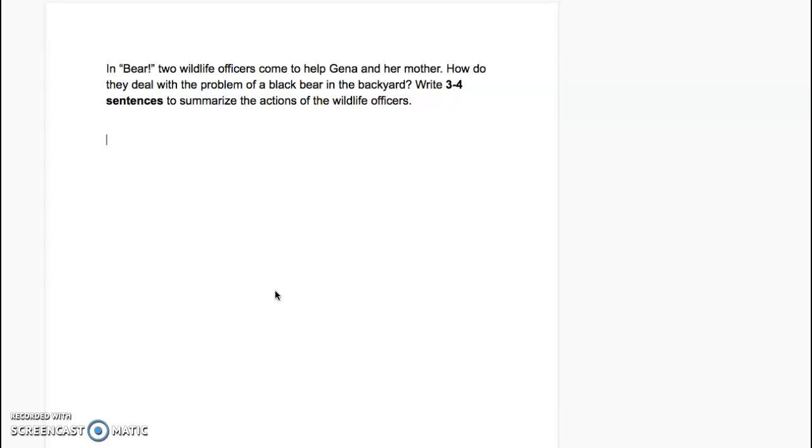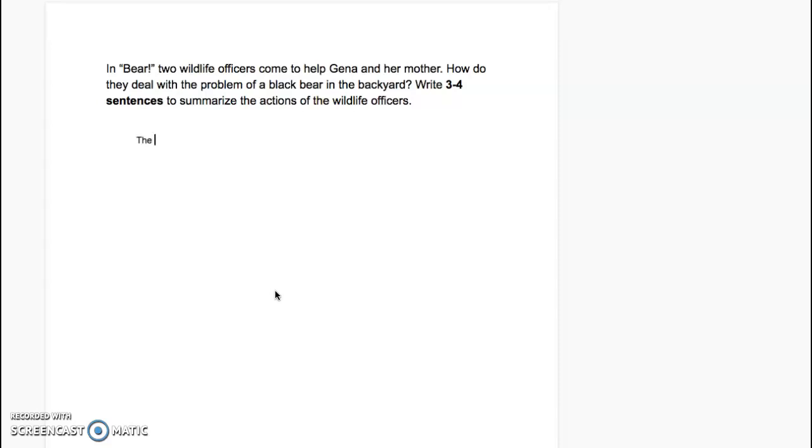After that, they load the sleeping bear into their van to take to a forest away from town. So I'm going to think about those details as I write my answer. Okay, so thinking about what I just talked about, I'm going to craft an answer that's about 3 sentences.